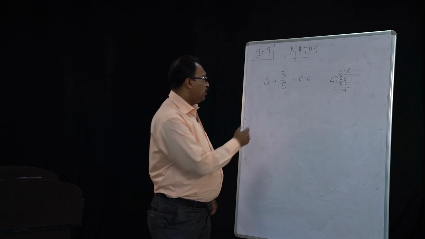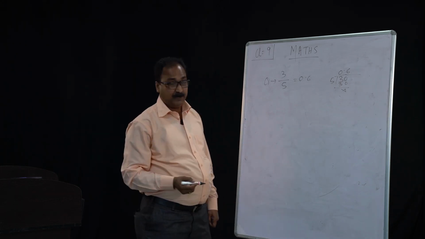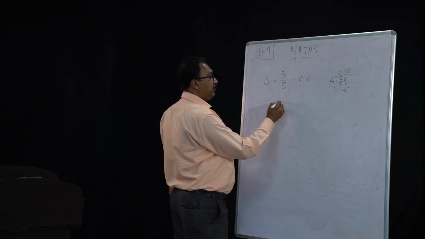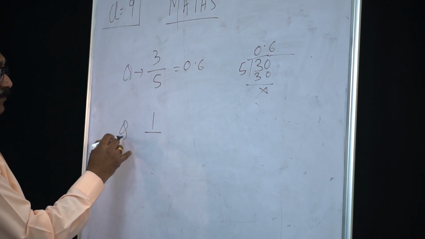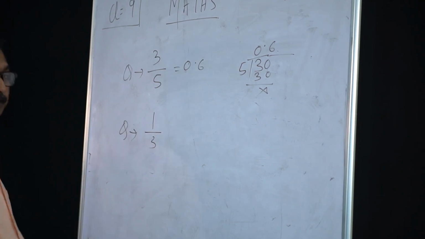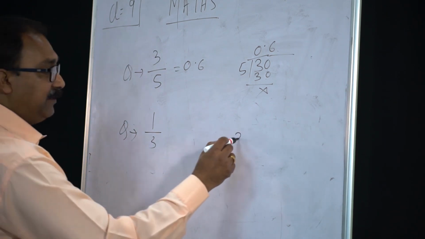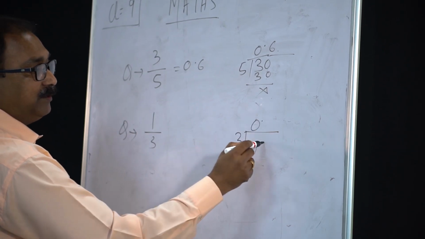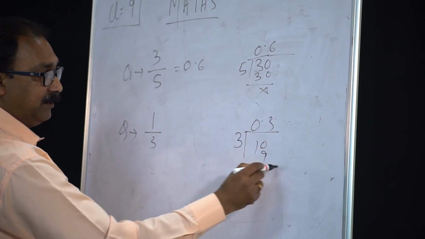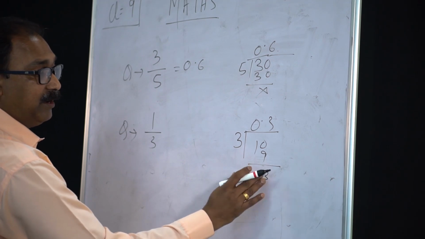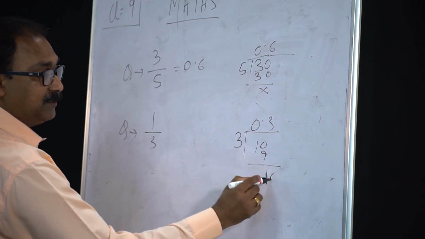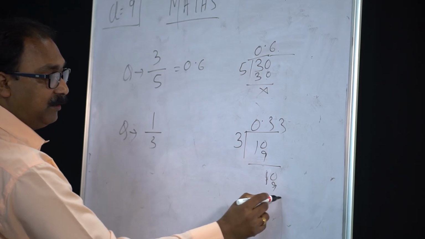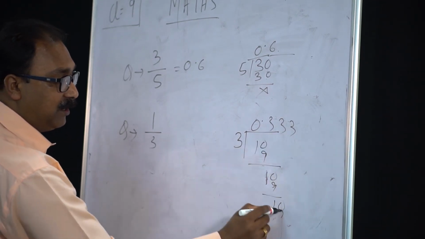Now the question is, which numbers will have a terminating decimal? Look at this, another example, the rational number 1 by 3. Let's see if it's terminating or not. I divide here. 0.0, so 3 threes are 9, again 1 comes, with the decimal, 10, 3 threes are 9, 10, 3 threes are 9.